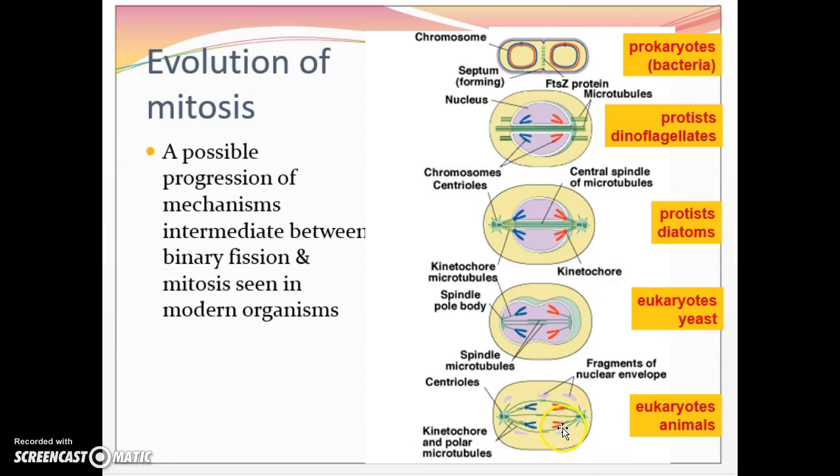So again, in eukaryotes, we have the nuclear membrane disappear during prophase, but that doesn't occur with yeast or protists. The nucleus is present in a protist, which is also a dinoflagellate, and the nuclear envelope is going to stay intact during cell divisions.